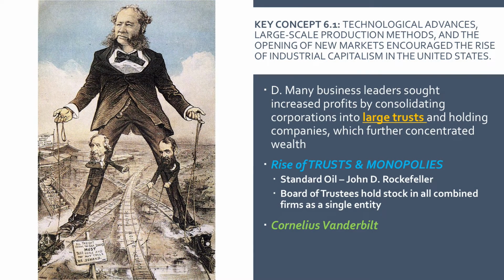Here we get the expression large trust, right? Or the monopoly. We talked here about John D. Rockefeller using horizontal integration. You build a board of trustees, right, that hold stock in all combined firms as a single entity. You're taking over other oil companies.